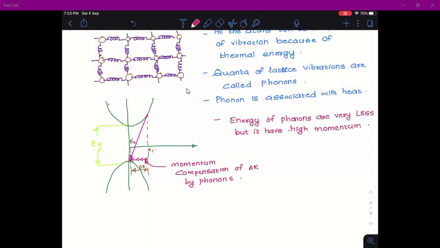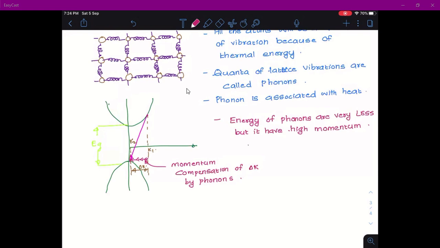Energy of phonons is very less, but they have high momentum. Physically, phonons are because of heat or thermal energy, and thermal energy doesn't give that much energy to the atoms, because it is on the order of kT, where k is a very small value. But for a photon, you have light energy, which is h nu, and depending on the frequency, it will have a huge value.